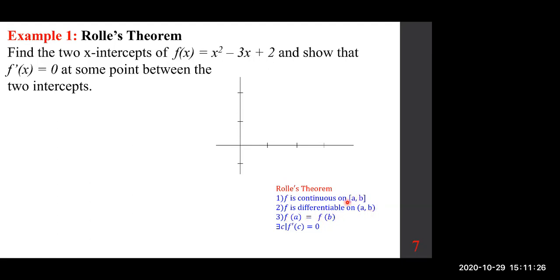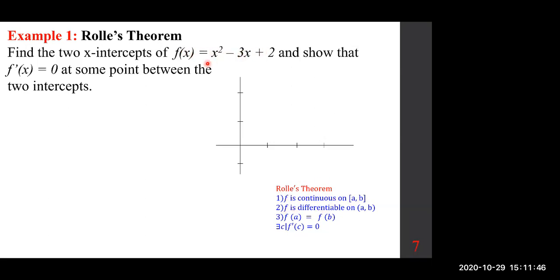Obviously, when we find the intercepts, we have the third one. We're going to have two intercepts and f of those points are the same. And obviously, f is continuous and differentiable because it's a polynomial function.